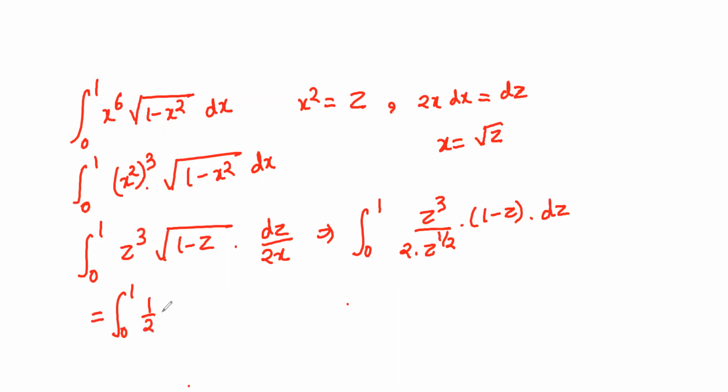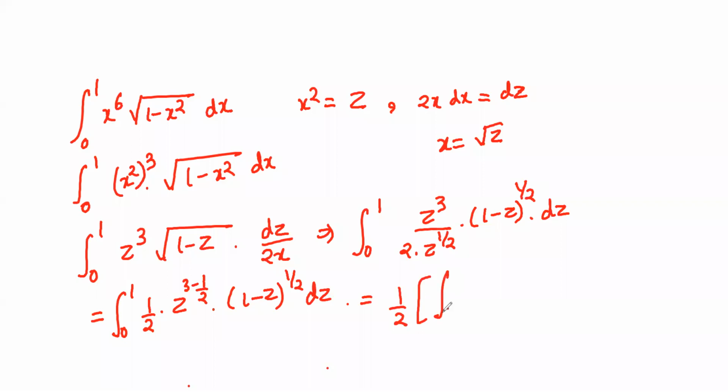So this will be 0 to 1, 1 by 2 z to the power 3 minus 1 by 2, and this is 1 minus z to the power 1 by 2 dz. So 1 by 2 is common. It is 0 to 1, z to the power 5 by 2, 1 minus z to the power 1 by 2 dz.